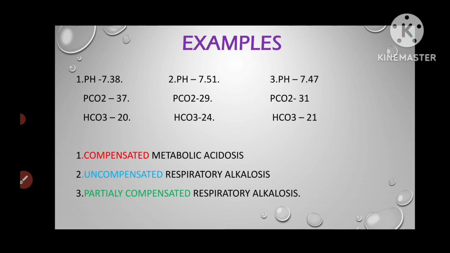And the last one. Here the pH value is 7.47, which is greater than the normal pH value of 7.35 to 7.45, which indicates it is alkalosis. Now we will check whether it is respiratory or metabolic.